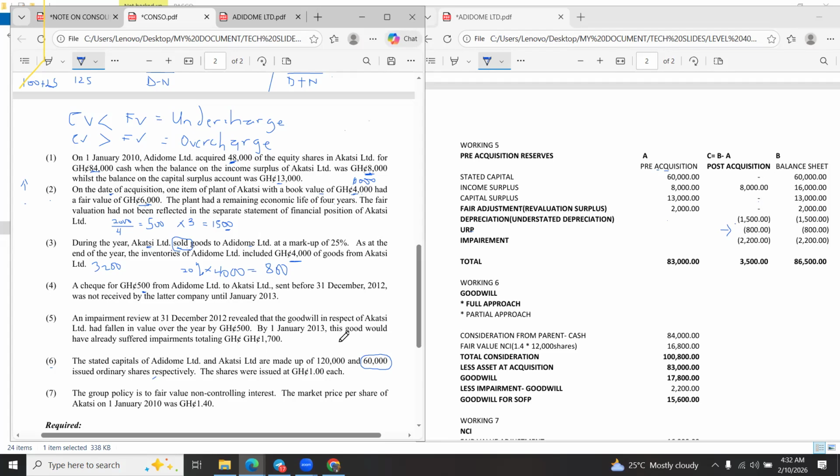And then in January 2, it has suffered an impairment of 1,700. So total impairment suffered is what? 500 plus 1,700, which is 2,200. Now, impairment also affects your balance sheet and affects what we call your post-acquisition profit. So if you look at this too, we've canceled it out.